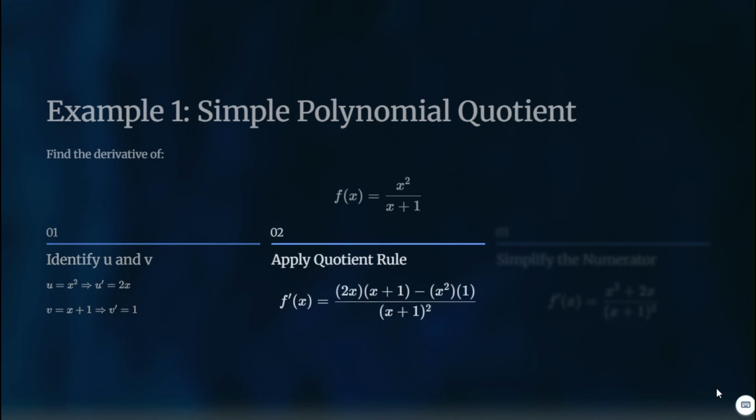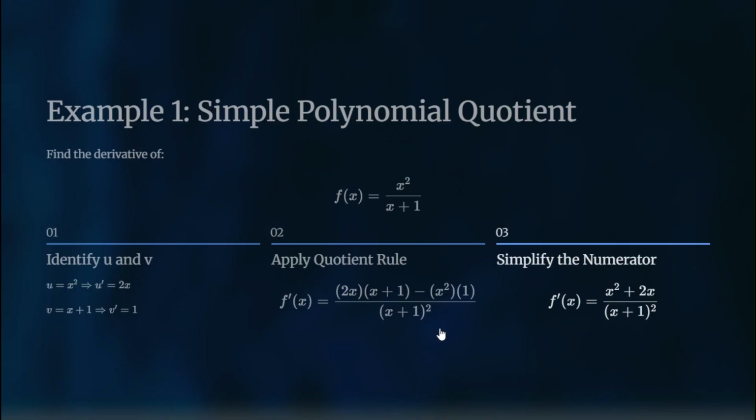Now let's apply the quotient rule. F prime of x will be equal to u prime, that is 2x, times v, which is our denominator, x plus 1, minus u, which is x squared, times the derivative of v, which is 1, all divided by denominator squared, which is x plus 1 squared.